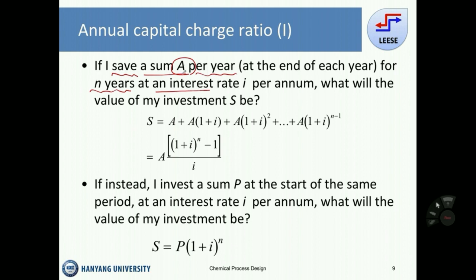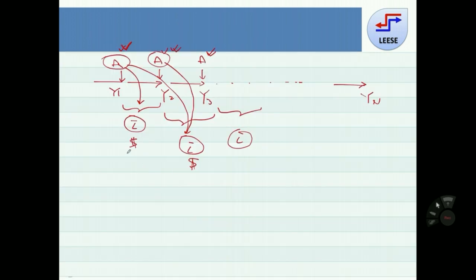So if I save the A money at the end of each year for n years, then the interest rate will be given as I. Then the value of my investment will be given by S. So I have the interest rate, then I save the money A, then I have the interest rate, then I have the money, and so on.